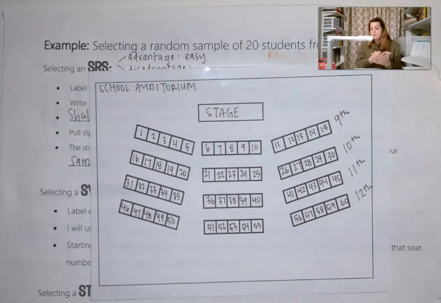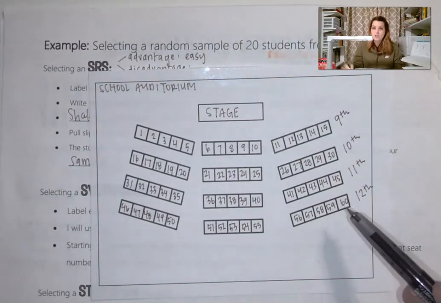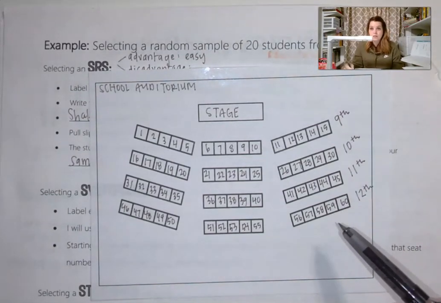And that might make a difference depending on what I'm taking this sample for. If I am taking this sample to find the proportion of students who want to continue distance learning next year on Fridays, I'm not going to want a bunch of 12th graders because the 12th graders are not going to care either way.